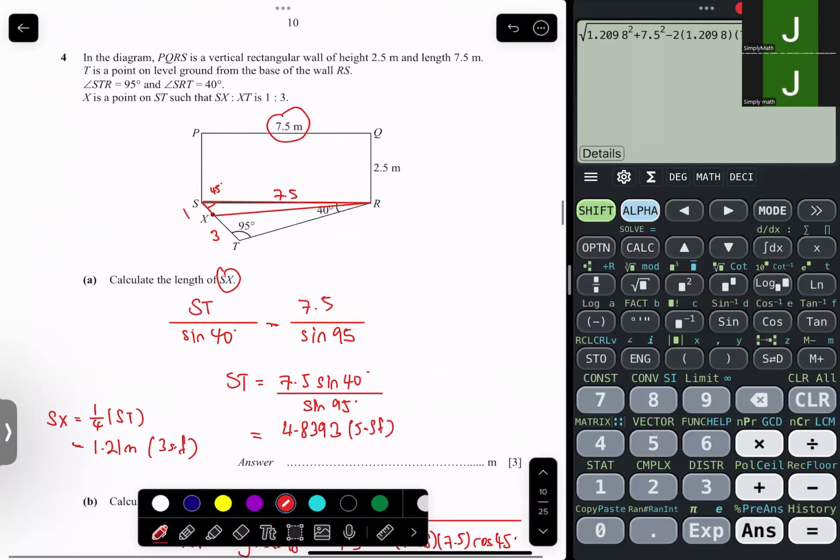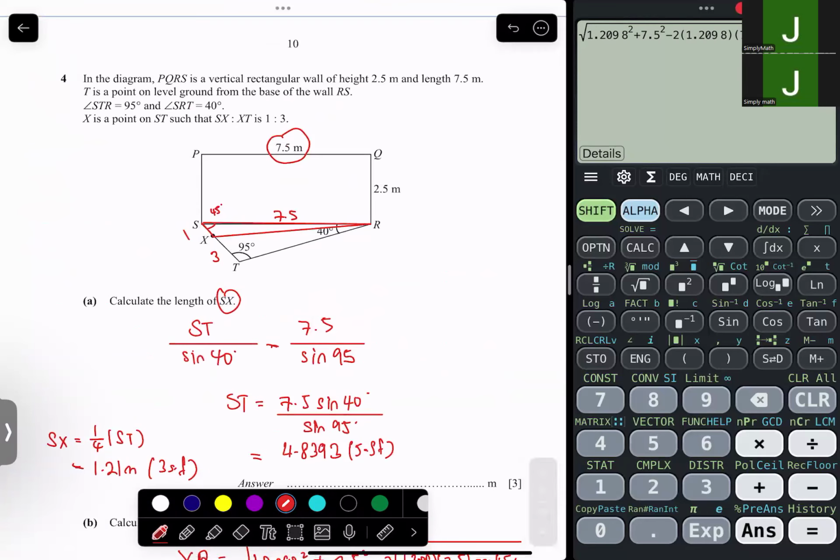Calculate the length of PT. So PT is directly from here to here. Let's see.